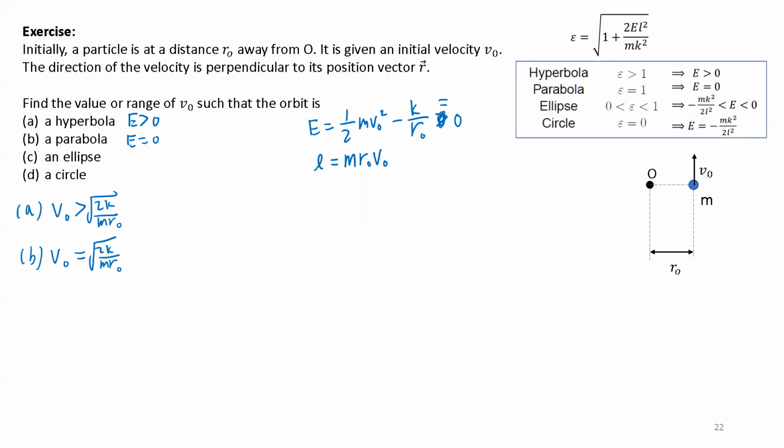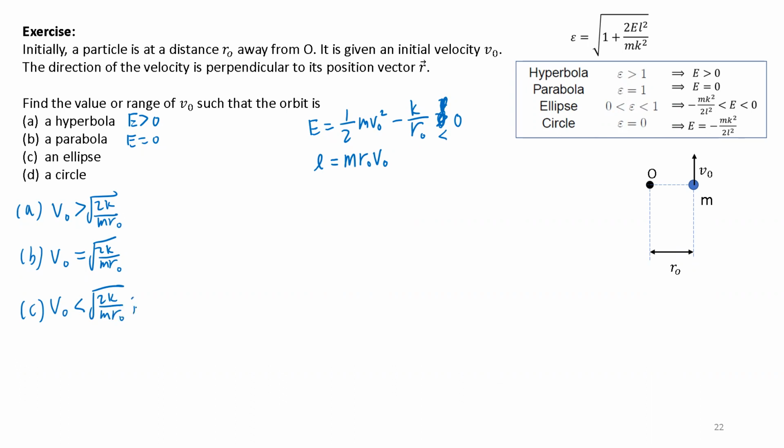And now let's talk about the ellipse and circle. So for the ellipse, I know that this is smaller than 0 this time. So first of all, I would require this V0 to be smaller than this one.